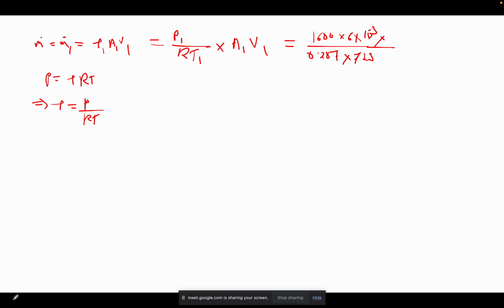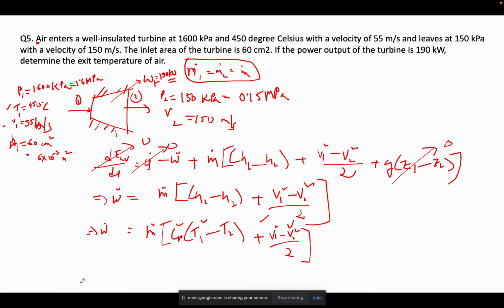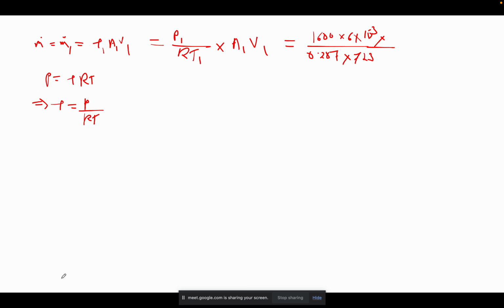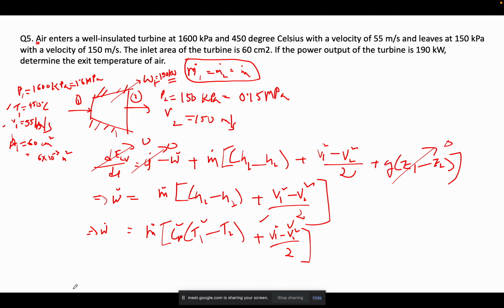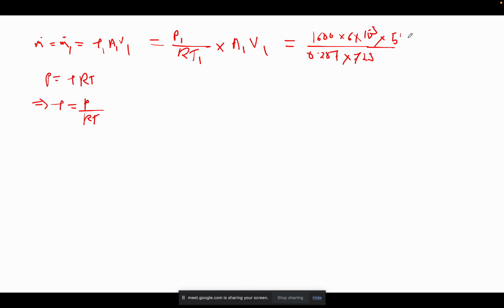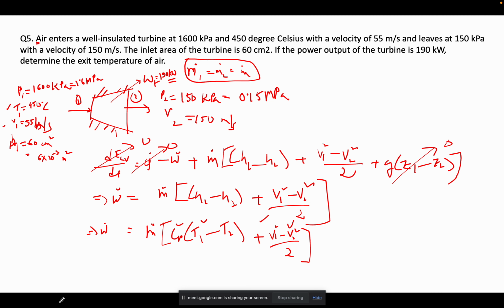And your velocity is, no, it's 55 meter per second. Okay, so from here you will get m dot: 1600 into 6 into 10 raised to the power minus 3 into 55 by 0.287 into 723. So this will be your 2.54 kg per second.